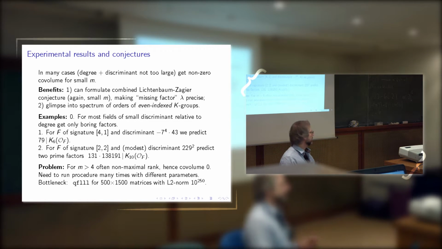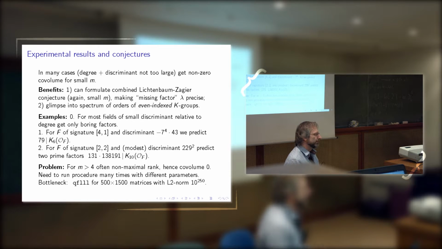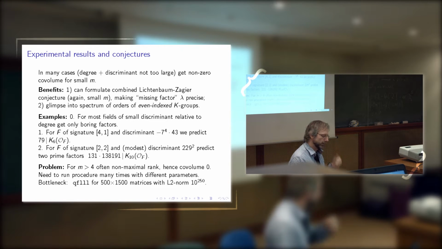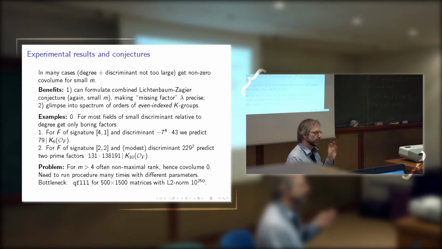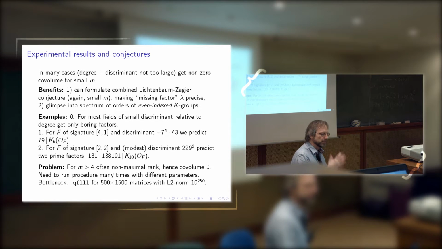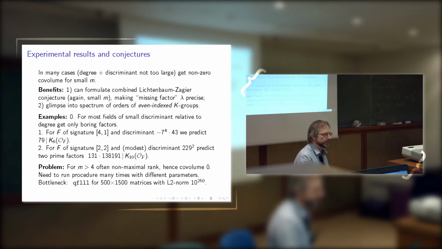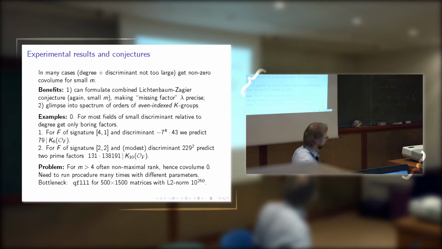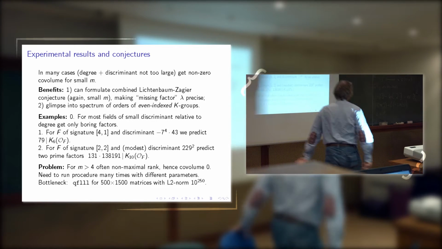What we also get from the formula, just like you get information on the class group by doing unit calculations and comparing with the zeta value, you do something similar there, and you get the left-hand side of our original formula.